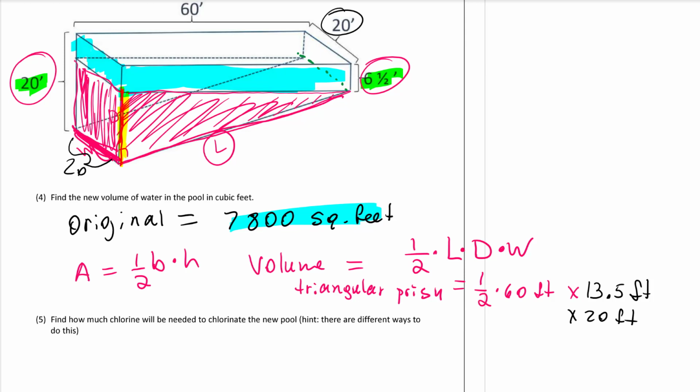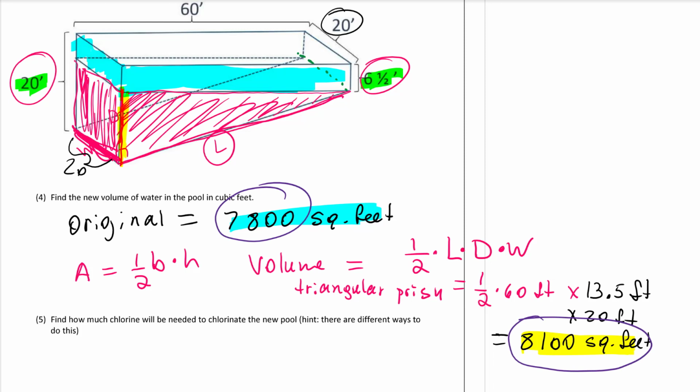All right, if you take a calculator, you'll get 8,100, well, exactly, cubic feet. So that's going to be the additional volume. And now check this out. You got 7,800 and you add an additional 8,100 to what it was before.